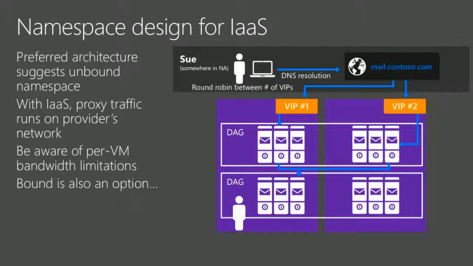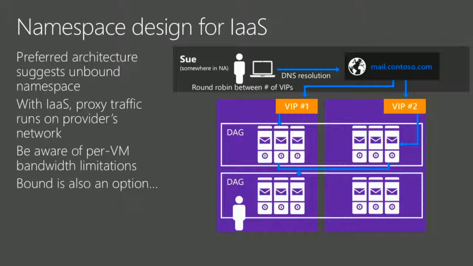Let's talk a little bit about namespace design. I'm actually going to step through a number of concepts that are taken directly out of the preferred architecture and try and map them onto an IaaS deployment. So when we think about namespace design with Exchange for an IaaS deployment, the preferred architecture recommends an unbound namespace. What that essentially means is I have multiple sites.